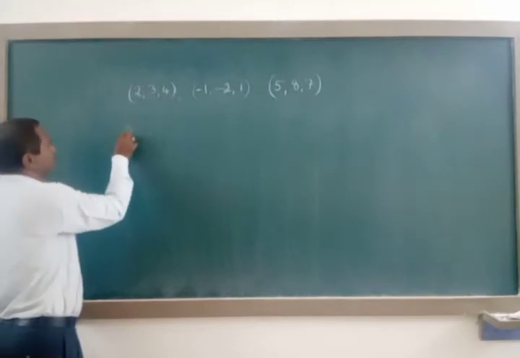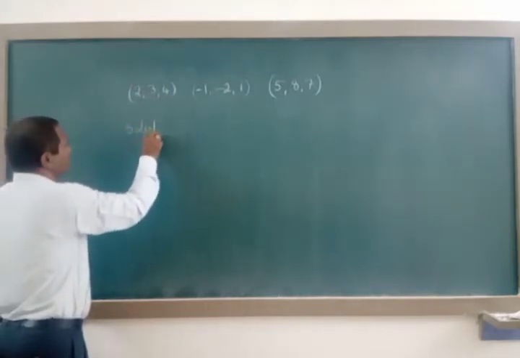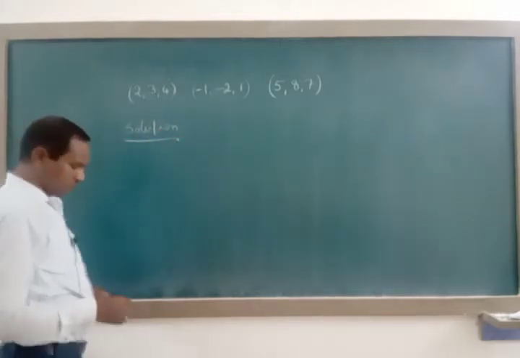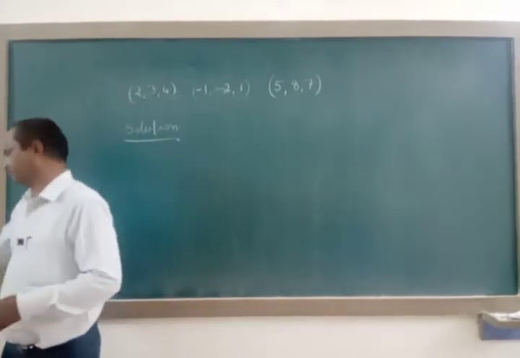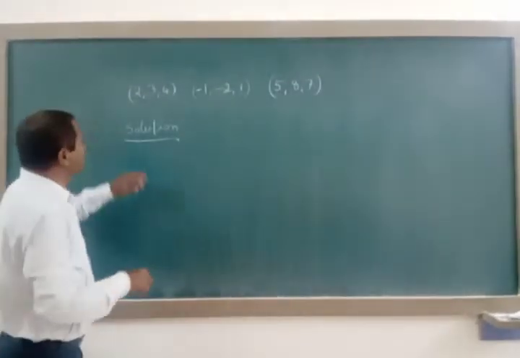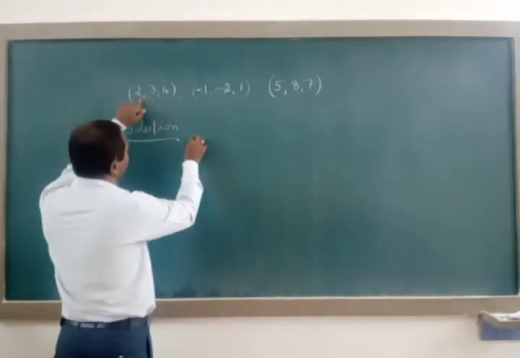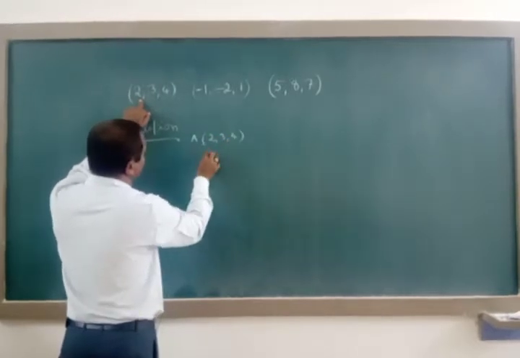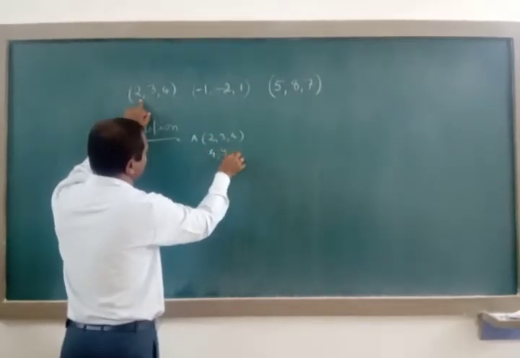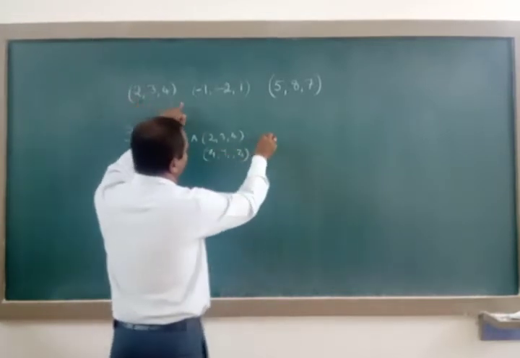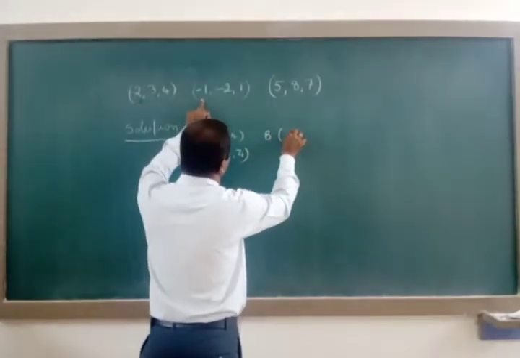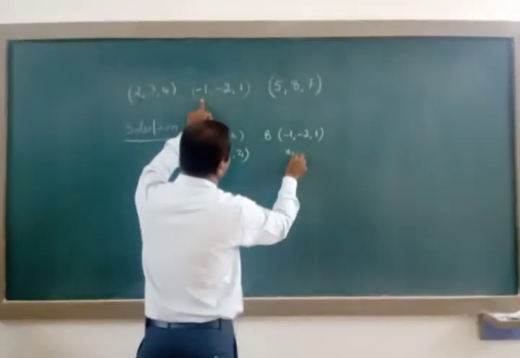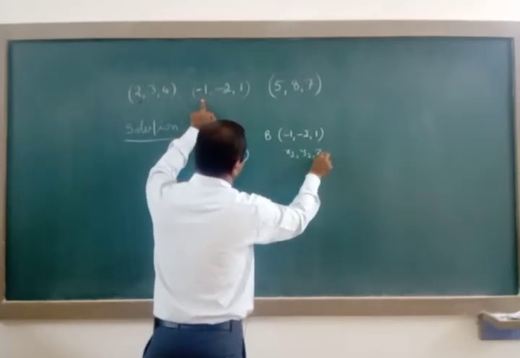Solution for this question is: already I told one standard condition to show given 3 points as collinear. First, consider the first point as capital A, 2, 3, 4, that is x1, y1, z1, and B as minus 1, minus 2, 1, that is x2, y2, z2.